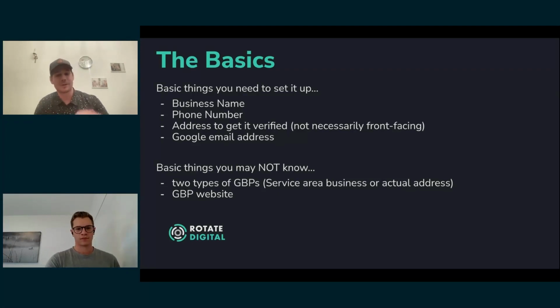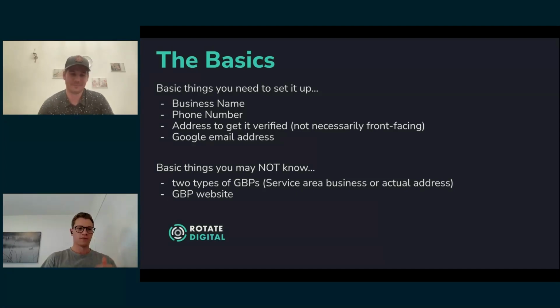That's a perfect transition. I wanted you to talk a little bit about the difference for those who may not know of a service area business listing on Google Business or an actual address. Can you just talk about the quick difference between that? Yeah. So when Google's trying to provide the best user experience, they want to show addresses on businesses that are legitimate, that have a physical presence, a store you can walk into, a person at the counter you can go and say hi to, you can buy something from.